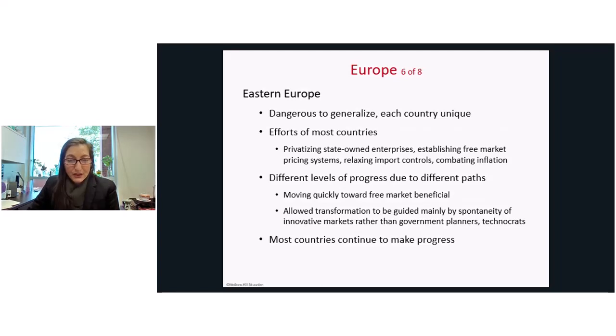While some are moving quickly towards free market benefits, there's been some transformation guided mainly by the spontaneity of innovative markets rather than government planners and technocrats. The point is, however, in Eastern Europe, most countries continue to make progress.